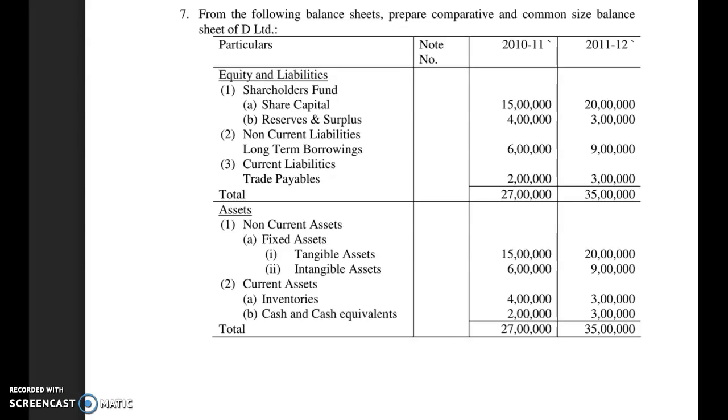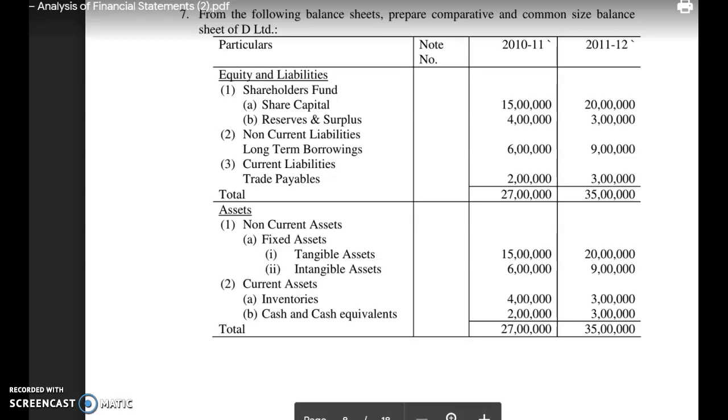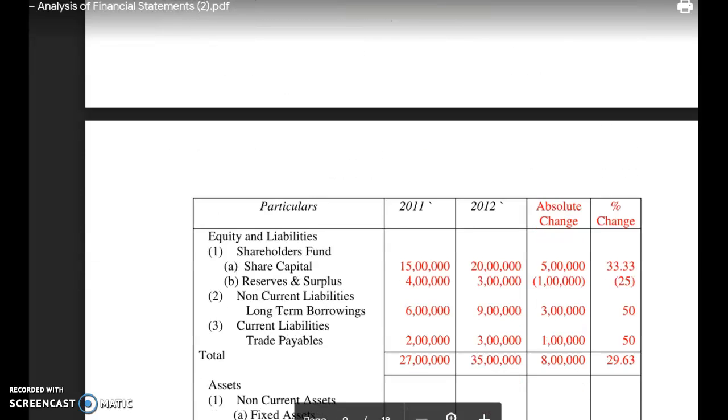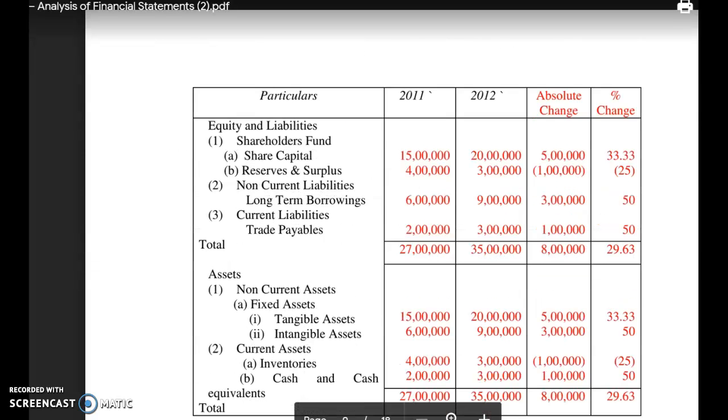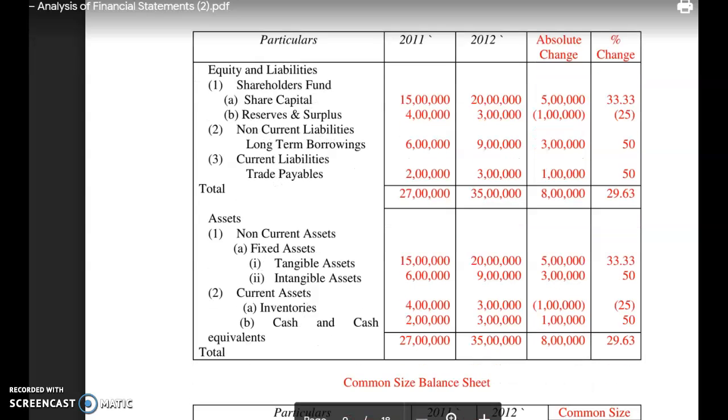Now see here, the balance sheet shows the figures of liabilities and assets. First, under shareholders' funds, share capital is 15 lakh and 20 lakh, then reserves and surplus 4 lakh and 3 lakh. Just understand how it is prepared in the solution. The solution has four columns.